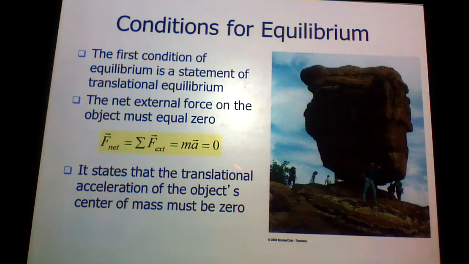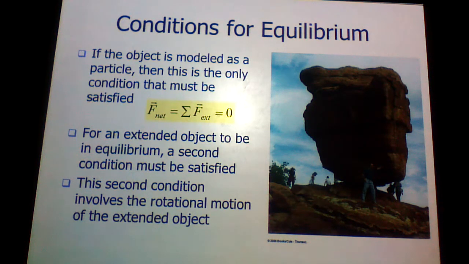This is just a restatement of Newton's second law at equilibrium, which we've already seen before. It states that the translational acceleration of the object's center of mass must be 0. If the object is modeled as a particle, because usually we model objects as particles since it makes it easier, then this is the only condition that must be satisfied. I just need all of the external forces to be equal to 0.